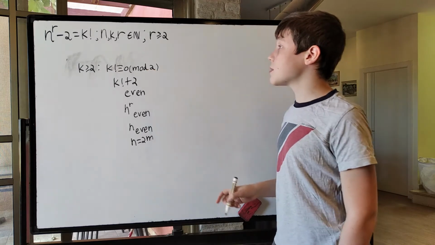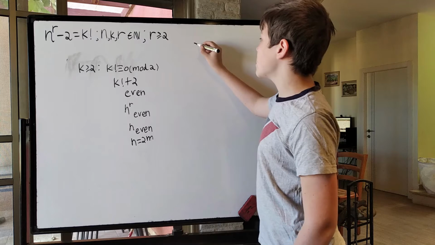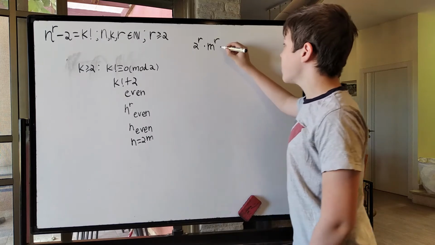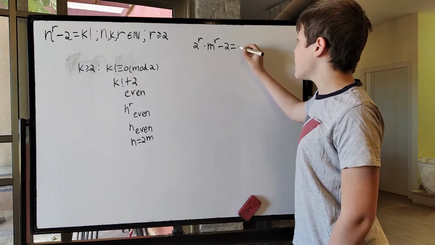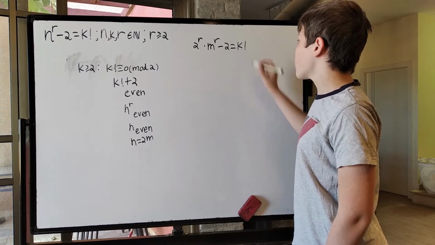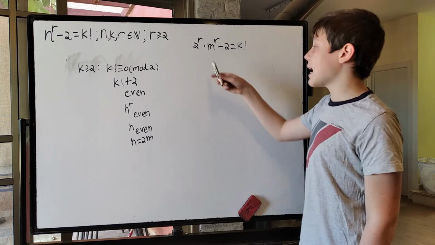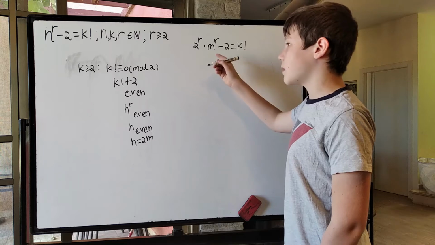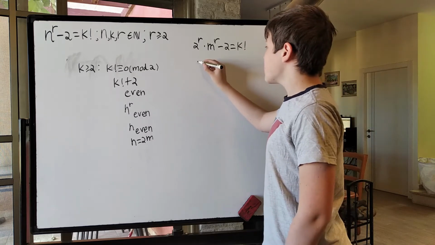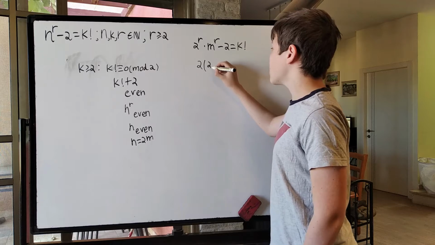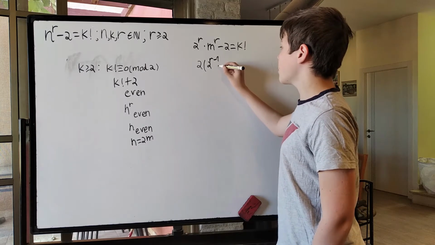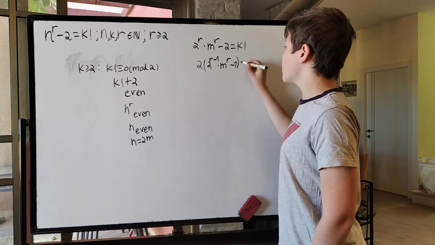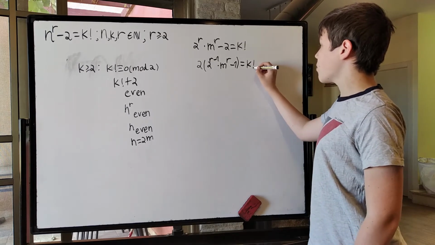And now we can substitute that in, and we get 2 to the r times m to the r minus 2 is k factorial. Now we can take 2 out of the left-hand side, to get 2 times (2 to the r minus 1 times m to the r, minus 1) is k factorial.